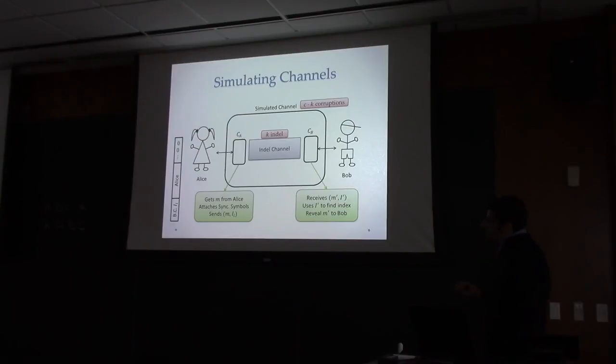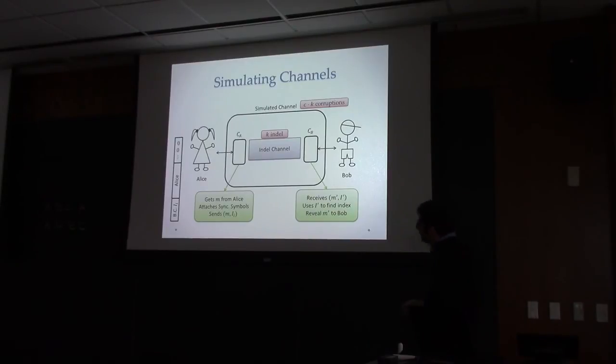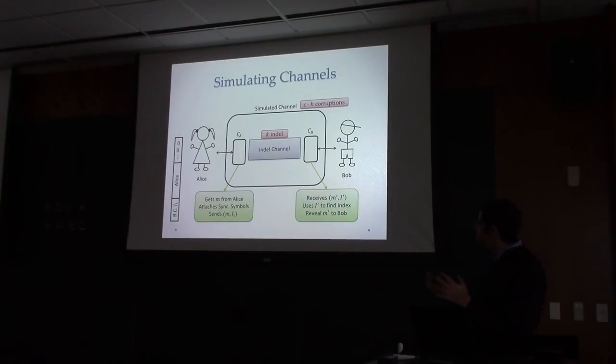And this is like sending the synchronization symbols along with the message. I'm not going to get into the details, but one can show that using this, you can still simulate insertion deletions with corruptions, even if your alphabet size is very small.